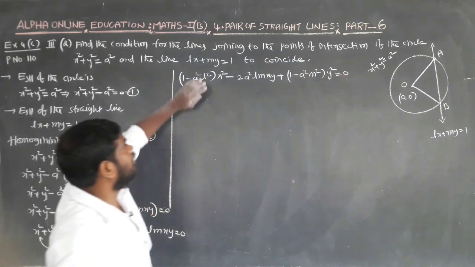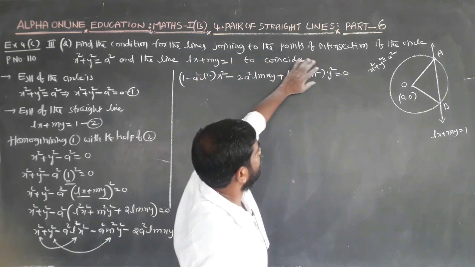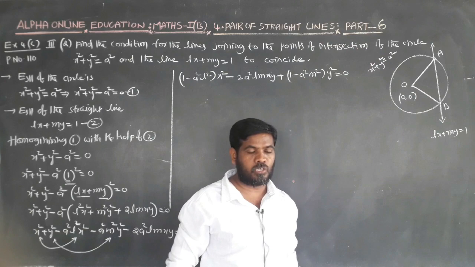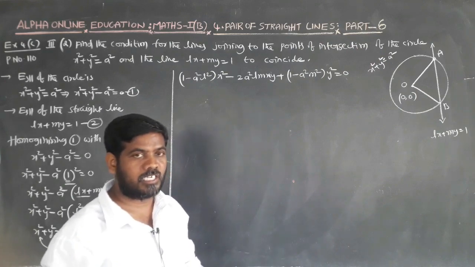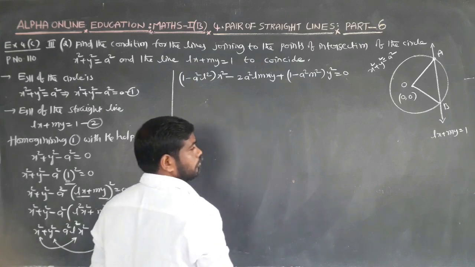This is the form of ax square plus 2hxy plus by square equal to 0. So the equation represents a pair of straight lines OA and OB.